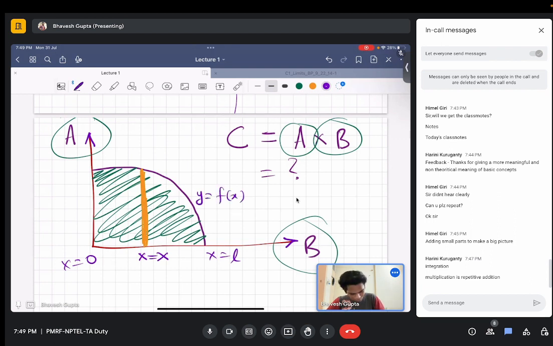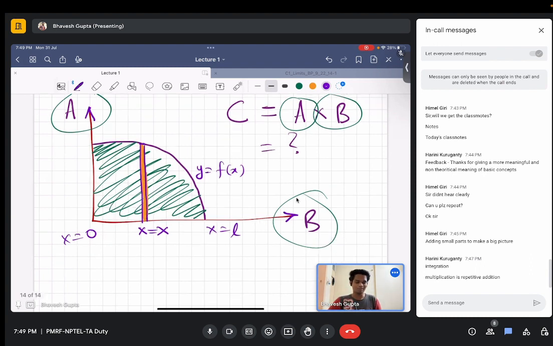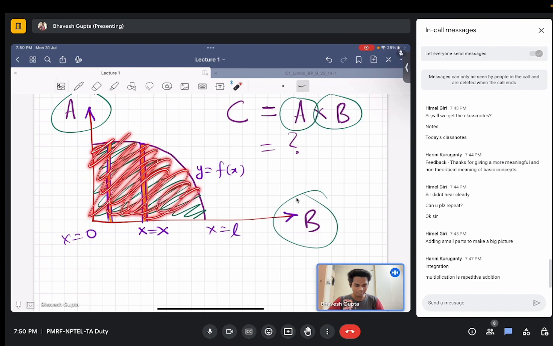I go to this particular location, x equal to x, and construct a rectangle and calculate its area, because I'll keep on adding these small areas everywhere, starting from x equal to 0 to x equal to L. Eventually I will end up with the area under the curve. Yes, integration, like multiplication, is repetitive addition.